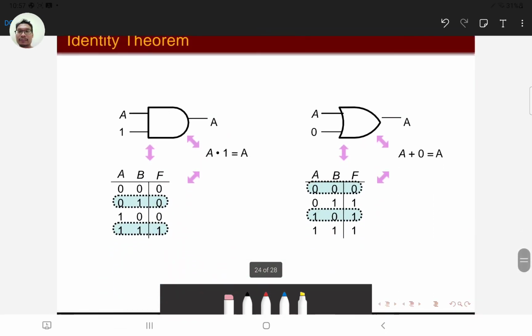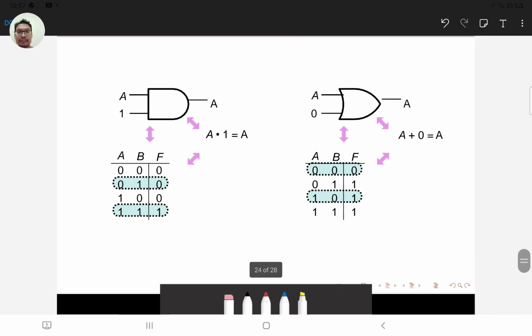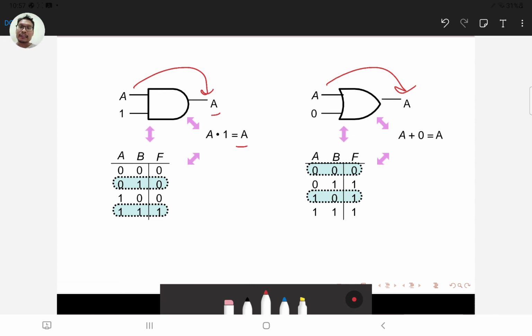In the identity theorem, the output is going to follow the input. That is the key idea: if you want to get back the A, we give a 1 value.